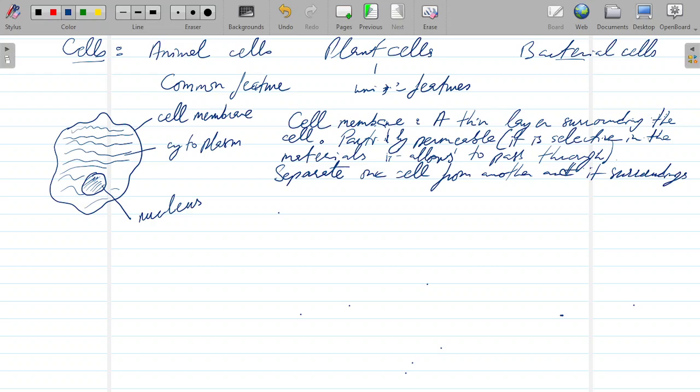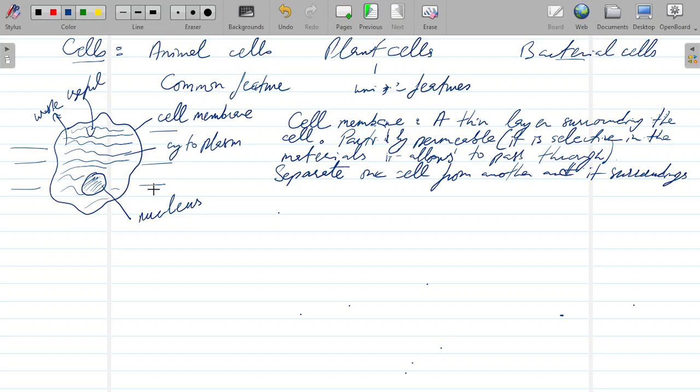So things that the cells require are allowed to come in. Things that the cell does not need, and they're found inside the cell, are removed, so they are allowed to pass through. So useful things are allowed to enter, waste products are removed, and the one cell is separated from the other, and it's also separated from its environment.